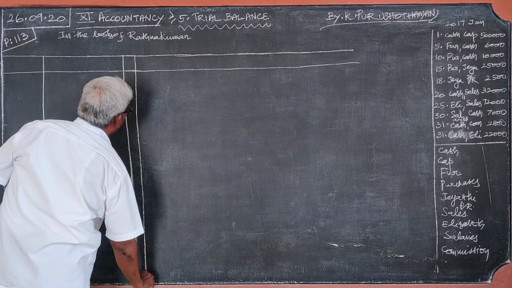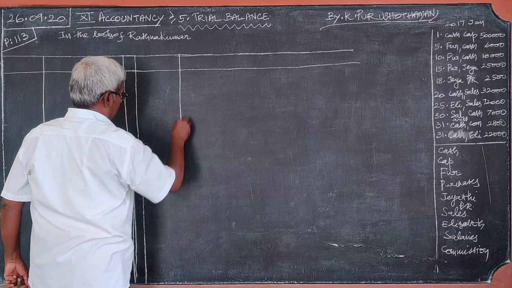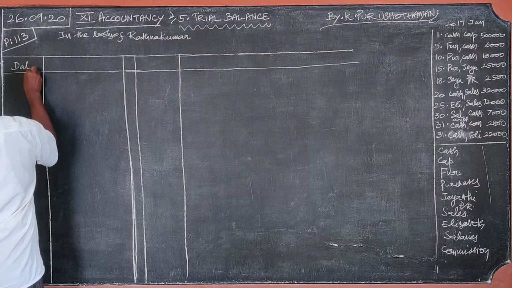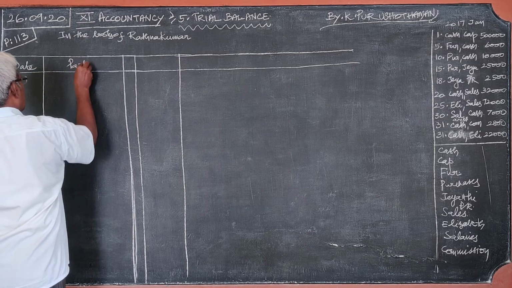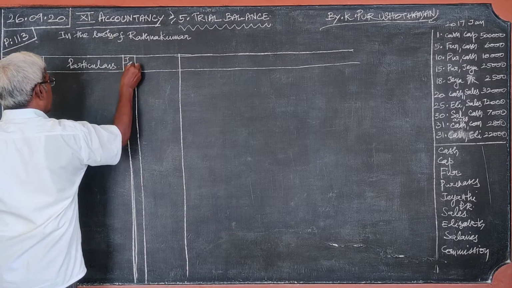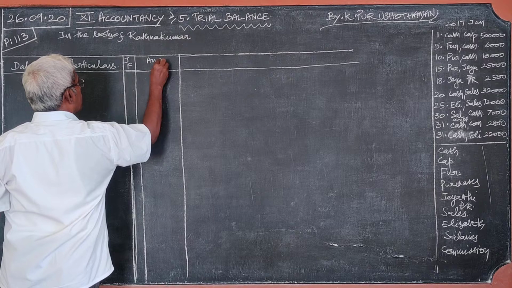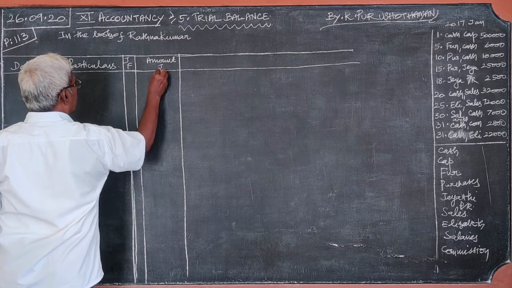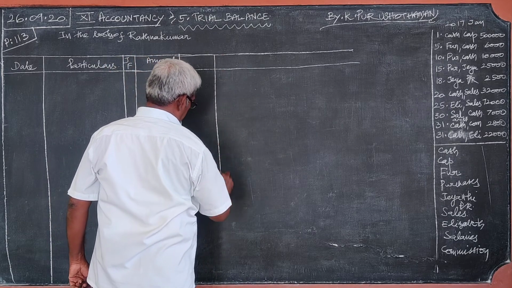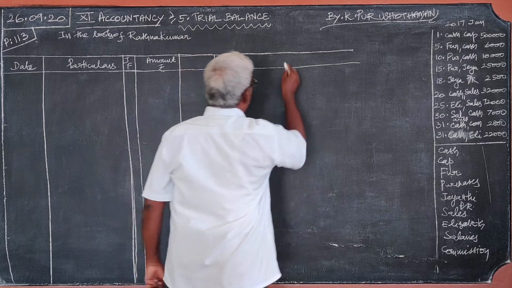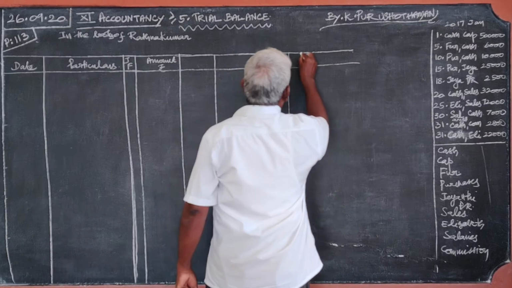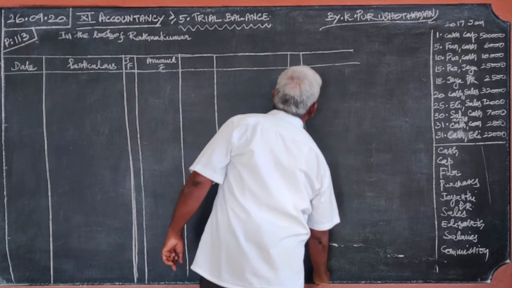Journal folio and amount, that is date, particulars, since it is ledger, journal folio, the next column is amount, rupees. Then on the credit side, date, particulars, journal folio, amount.